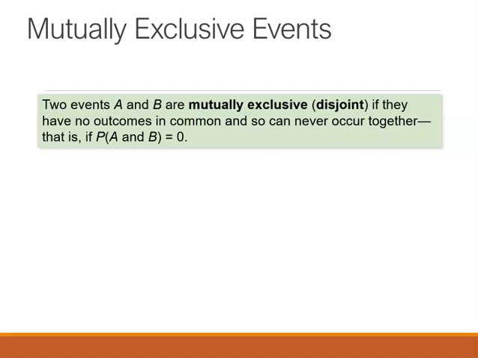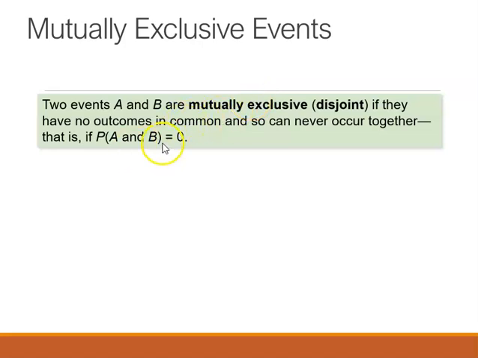If you talk about drawing cards out of a deck, if I say the probability of drawing a face card and a card with the numeric value of 7, the probability of that happening is 0 because there are no face cards that have value 7, right? They're value 10. Does everybody kind of see the idea here? Okay.